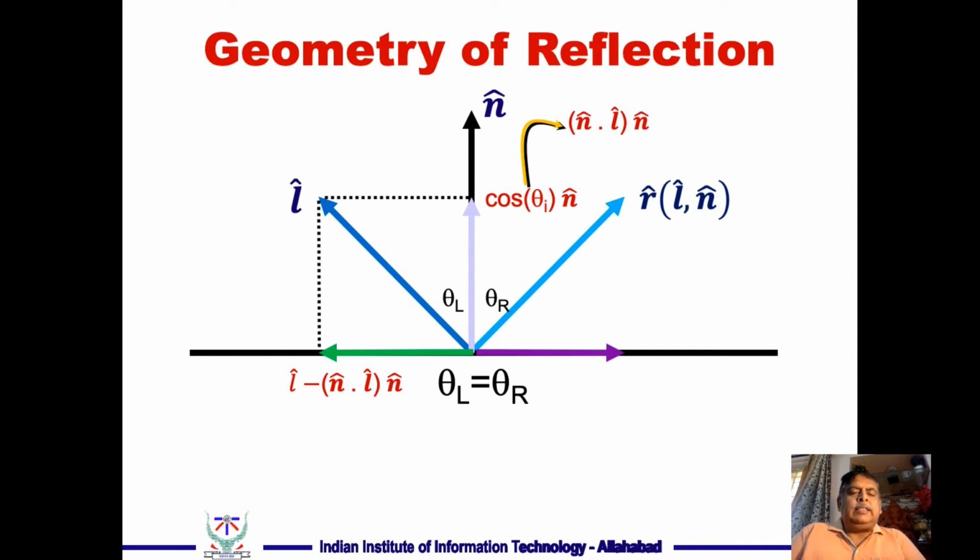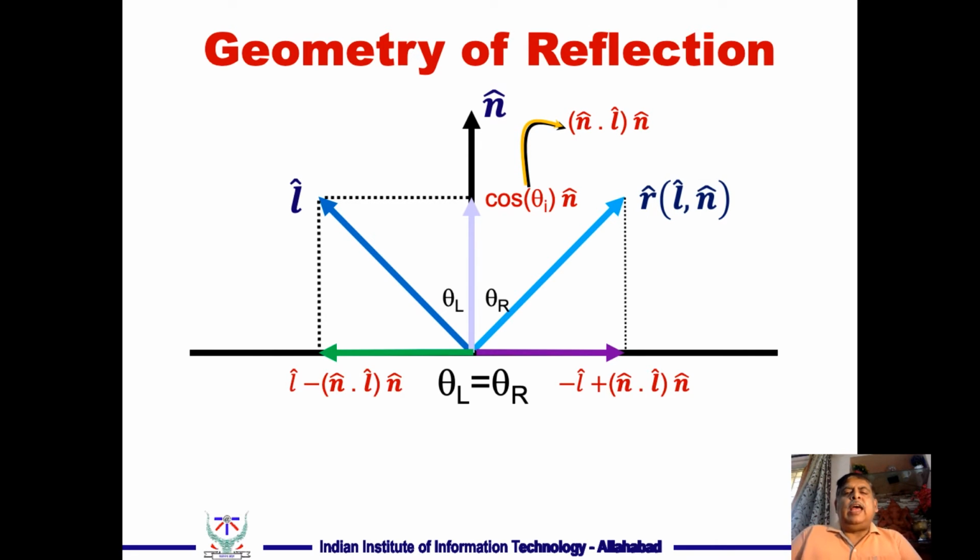So L minus n cap dot L times n cap. Now the reflected beam, we see that this beam is in the other direction, and it is the negative of this component. So I'll have minus L plus n cap dot L n cap.